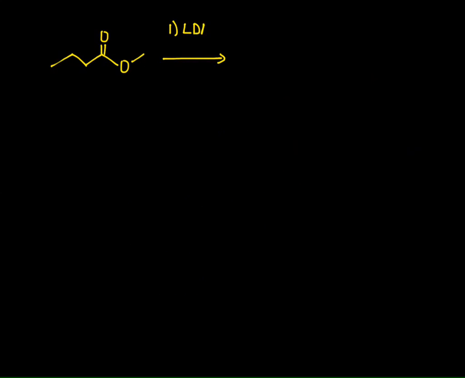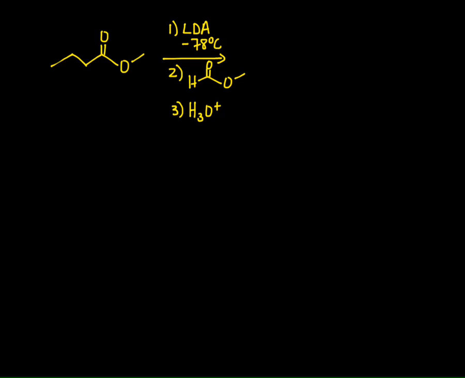Here we have an ester. We treat it with LDA to form our enolate of the ester, and then we can treat that enolate with another ester that can't form an enolate, namely a formate. So this is methyl formate, it's called.